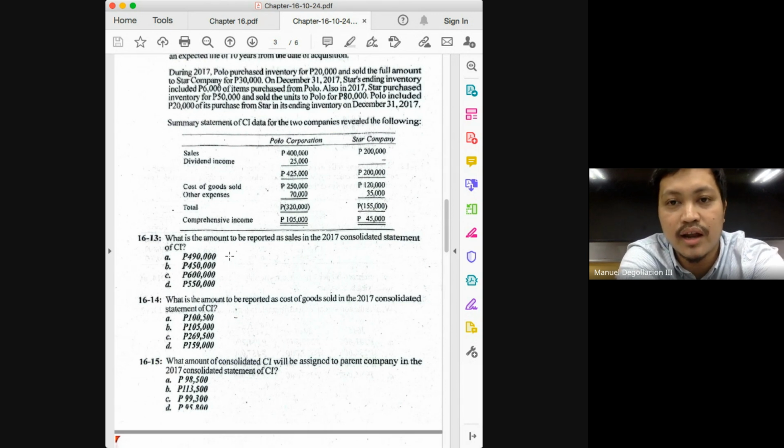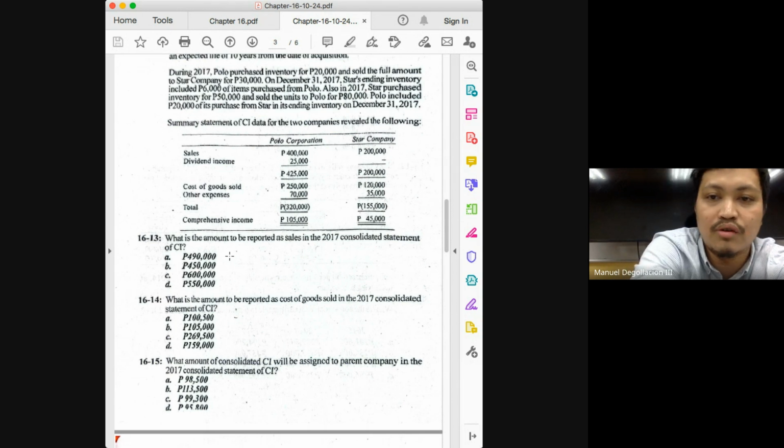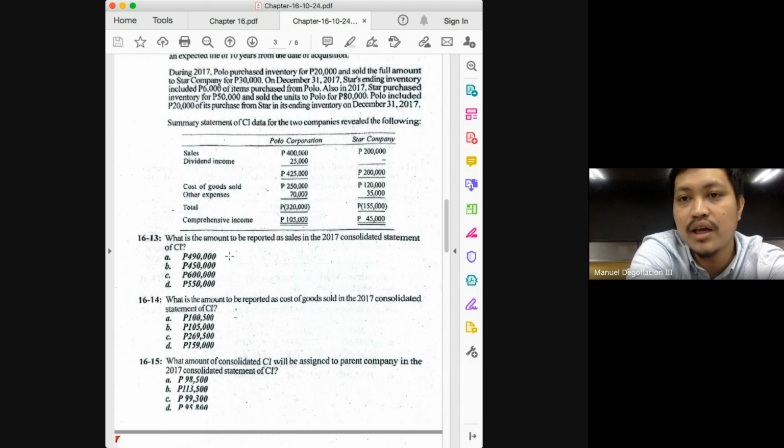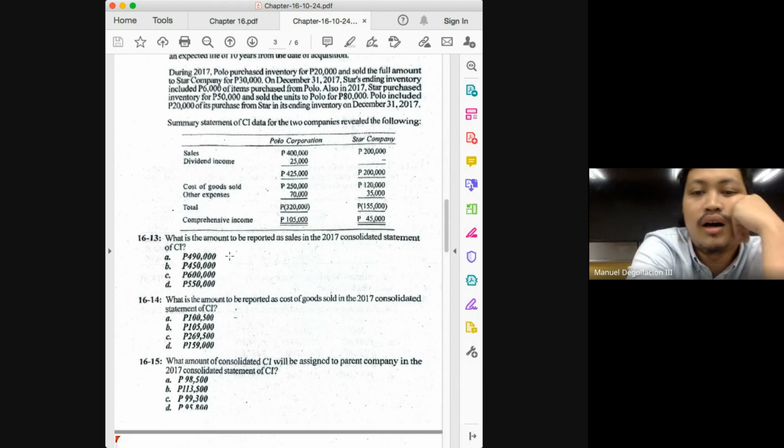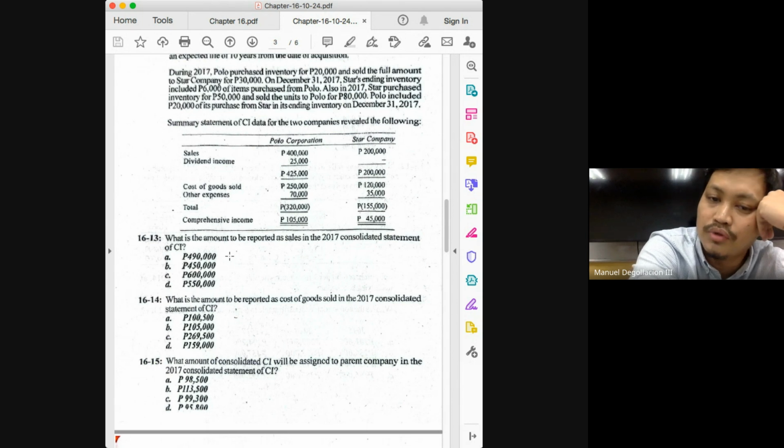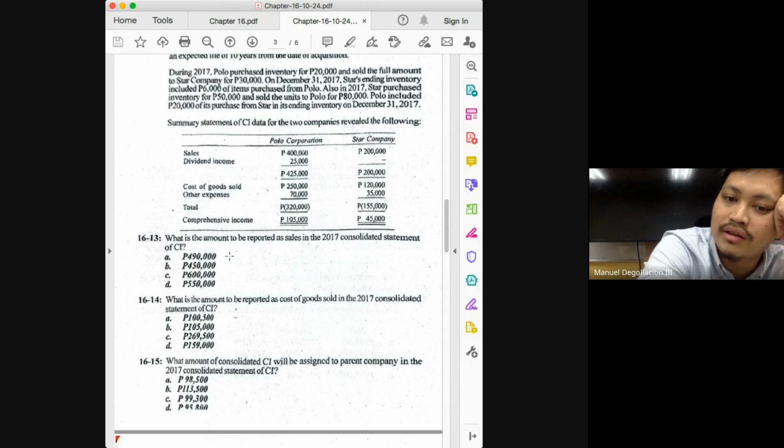Yeah, so 6,000. And we already know that the markup on this amount is 2,000. So that would be the adjustment to the income of the parent from its own operations. So income of 80,000 minus 2,000, the adjusted income of the parent is 78,000.